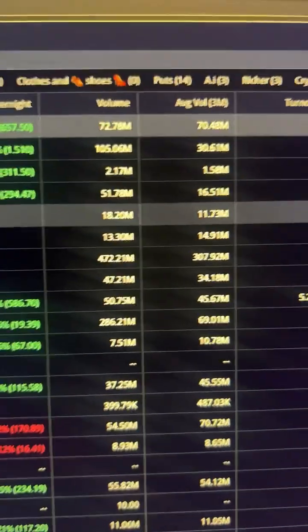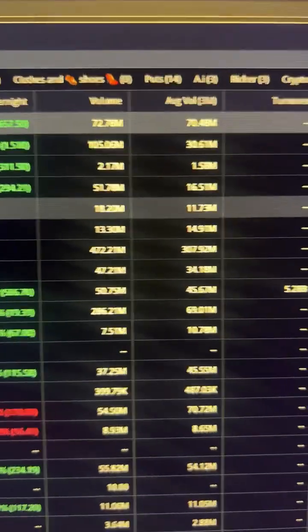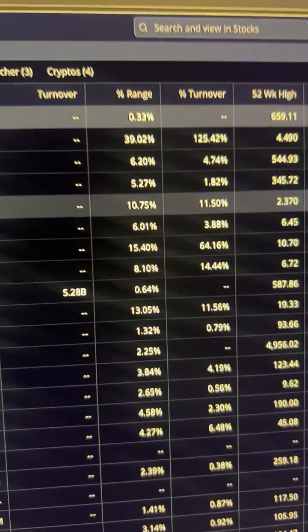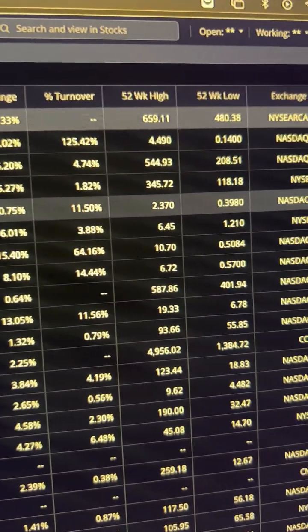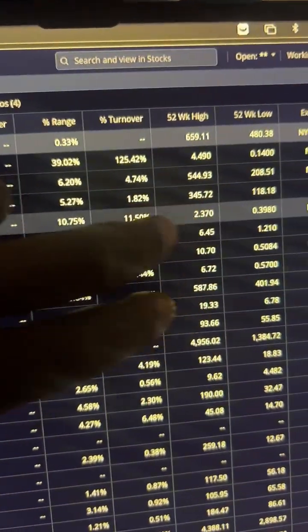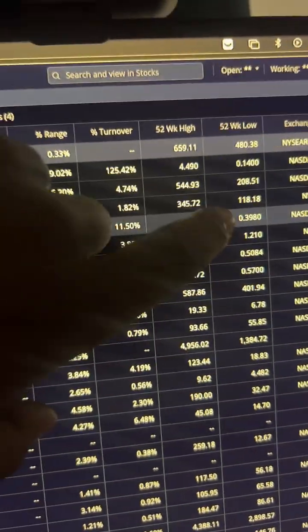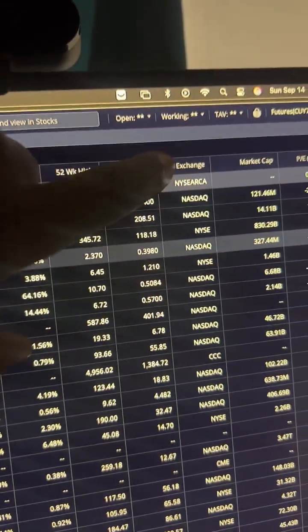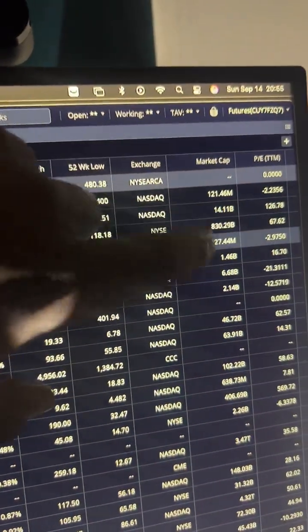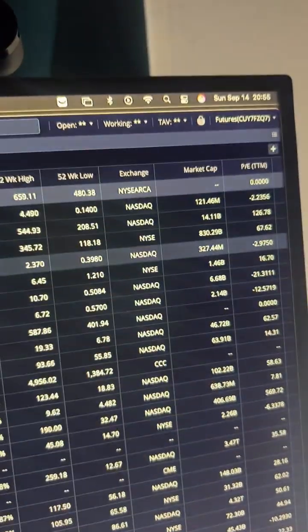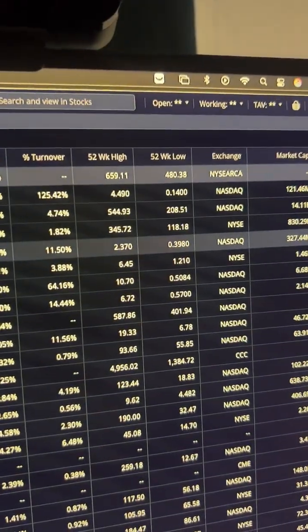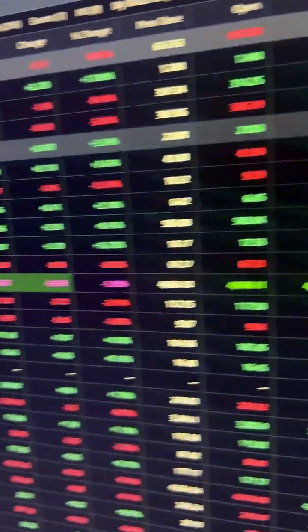How many people have bought and sold shares of that stock? Pretty much how many people got open orders of that stock right now. And the percentage range, the turnover, 52-week high, 52-week low. This is how high it's been in the past year. This is how low it's been in the past year. It's on the NASDAQ exchange, $327 million market cap with a PE ratio of negative 2.9. You can find all of this information on Webull, okay?